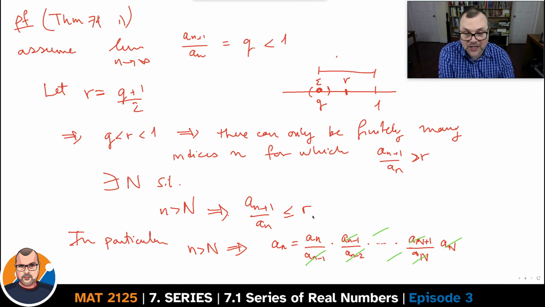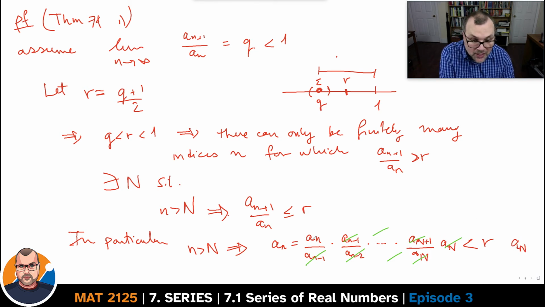It is meaningful because, by construction, each of these is smaller than r, because we're using indices n that are greater than capital N. So what I have here is that this is smaller than r, this is smaller than r, they're all smaller than r, then I have this term a_N, and how many of them are there?